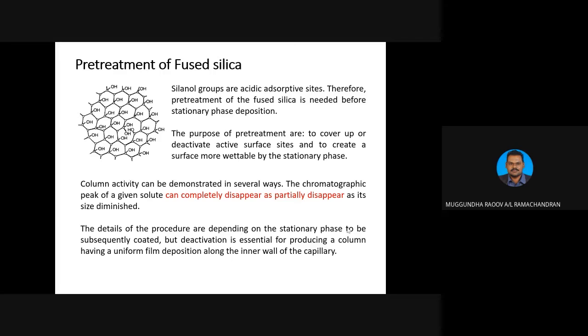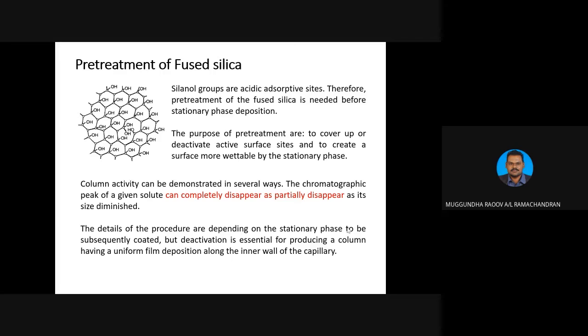The column activity can be demonstrated in several ways. The chromatographic peak of a given solute can completely disappear or partially disappear, as its size is diminished. The details of the procedure depend on the stationary phase to be subsequently coated, but deactivation is basically to produce a column with a uniform film deposition along the inner wall of the capillary.